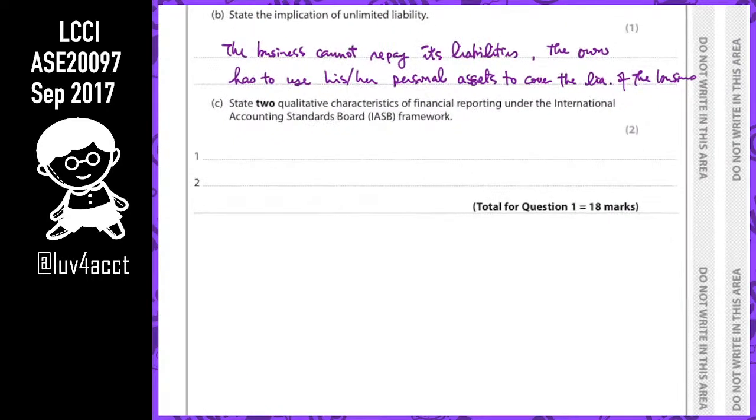State 2 quantitative characteristics of the financial reporting under the IASB framework. Again, we have 6 points.